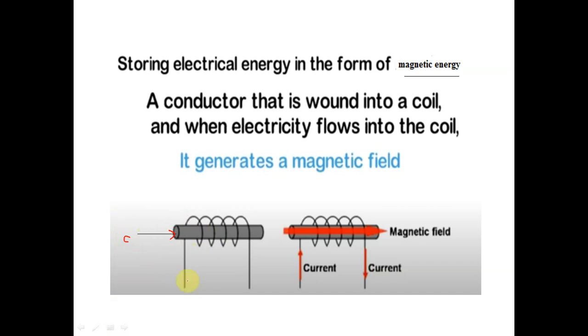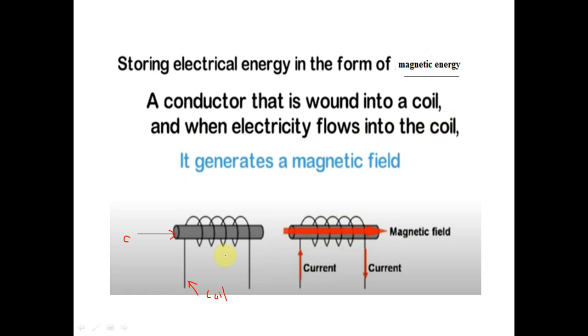A conductor that is wound into a coil. This is the conductor. This is the coil. When electricity flows into the coil, it generates a magnetic field.